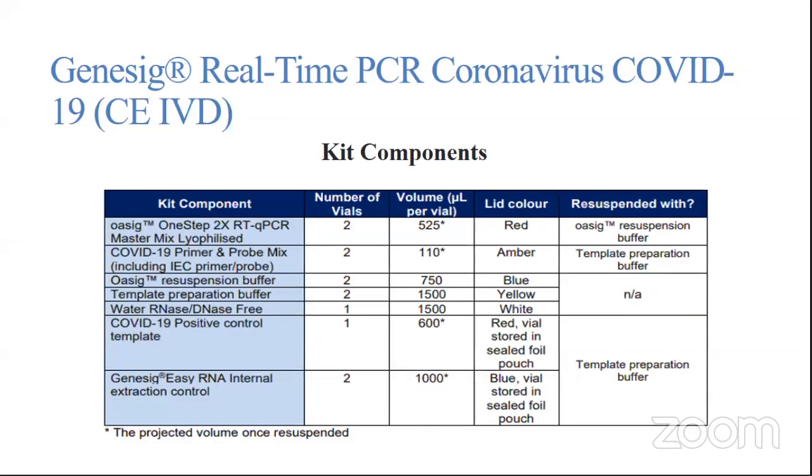So this kit, GeneSeq Real-Time PCR Coronavirus COVID-19 kit, consists of OSEG RT-qPCR master mix, which is in lyophilized form, 2 vials of COVID-19 primer and probe mix, 2 vials of OSEG resuspension buffer, 2 vials of template preparation buffer, 1 vial of RNase DNase free water, 1 vial of COVID-19 positive control template, and 2 vials of GeneSeq Easy RNA internal extraction control.